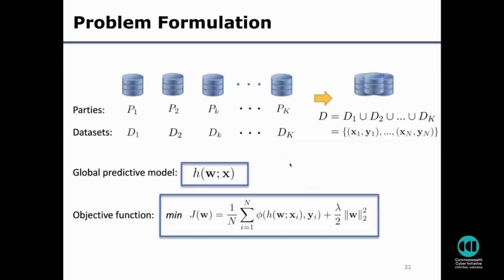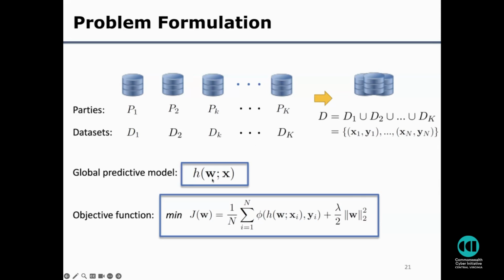Before we look into the design, we'll first mathematically formulate this learning task. Suppose there are k parties with their private data sets. Here X is the sample and Y is the label. The task is to train a global predictive model by using these data sets.